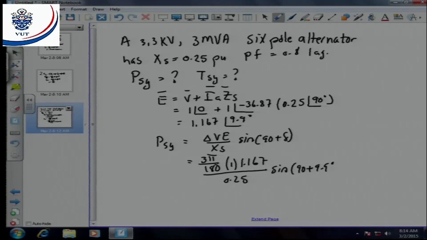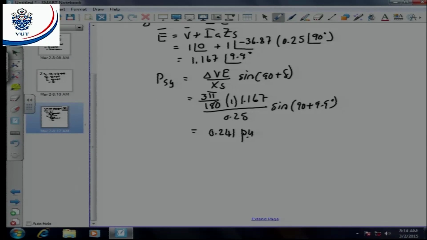If we have a look at another example, which is a 1.5 MVA, 6,6 kilovolt, 4-pole star connected alternator, has a synchronous impedance of 0,5 plus J 5,5.